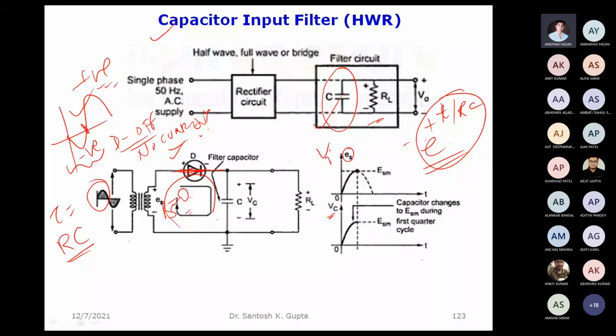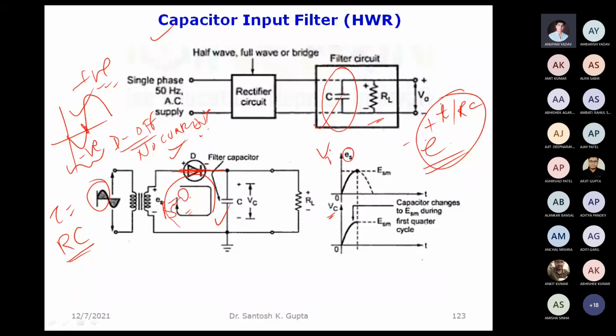As soon as the diode becomes on, the capacitor starts charging first, because the RC constant is very small. And for the AC signal, the capacitor is giving a low impedance path. That's why the majority of the current is flowing through the capacitor and not going through the load resistance R.